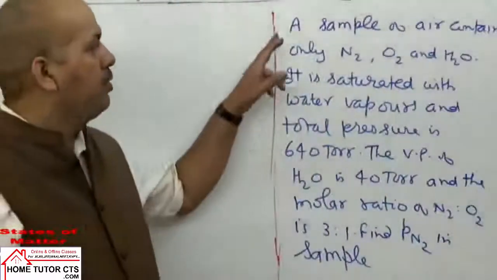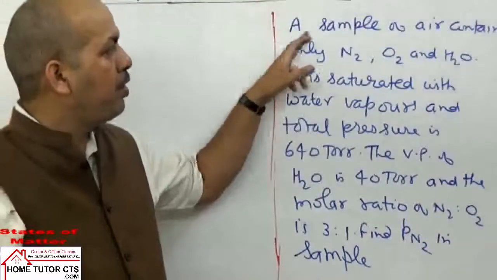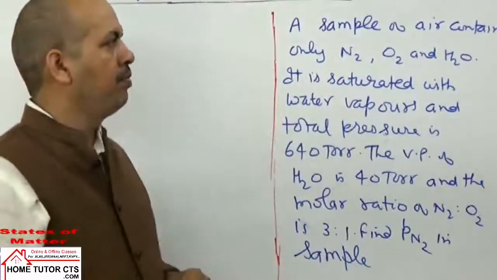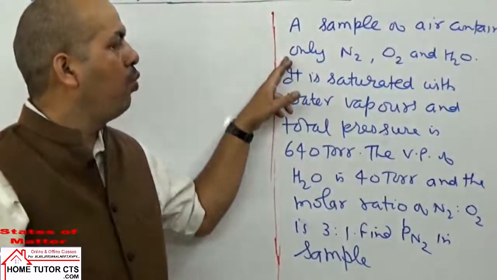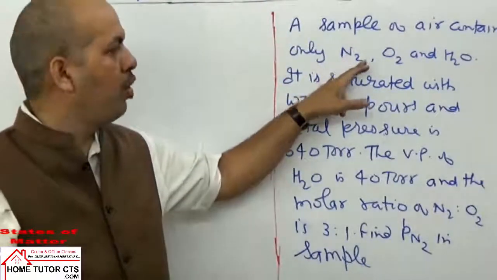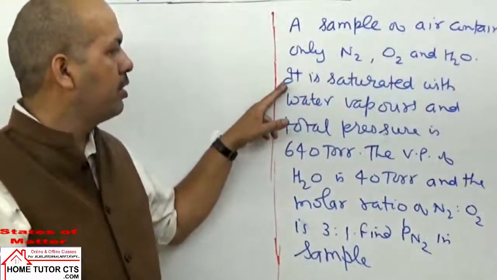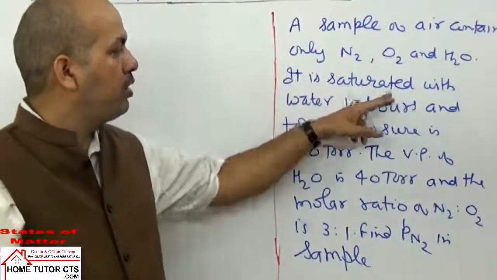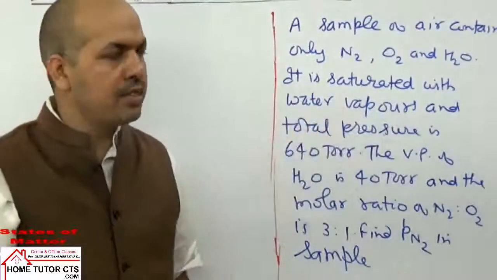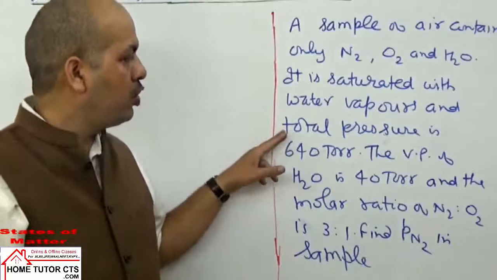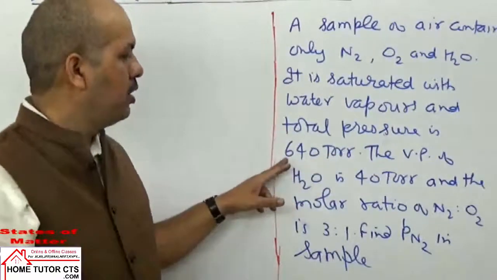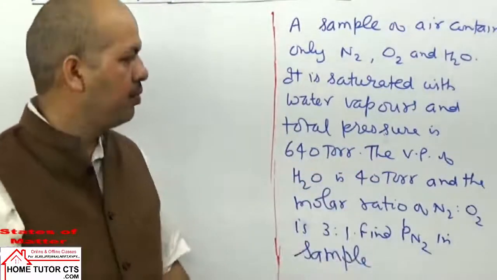Now write the next question. देखिए, a sample of air contains only nitrogen, oxygen and water. It is saturated with water vapors and total pressure is 640 torr.